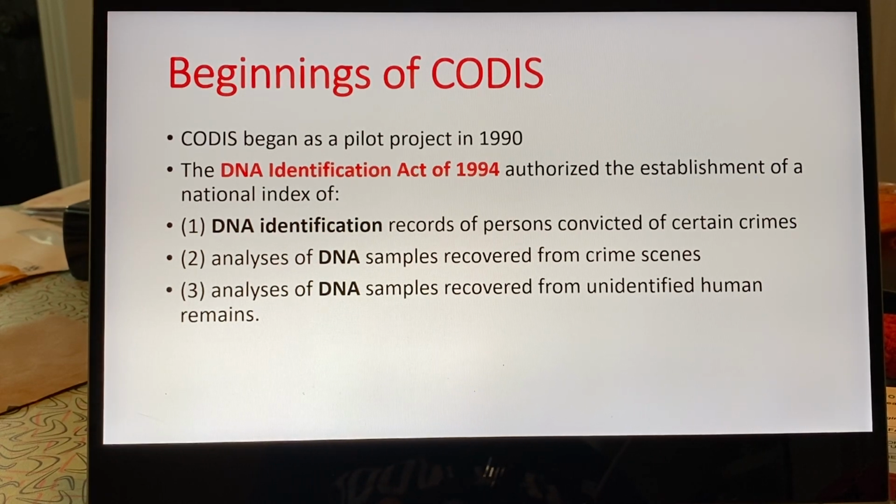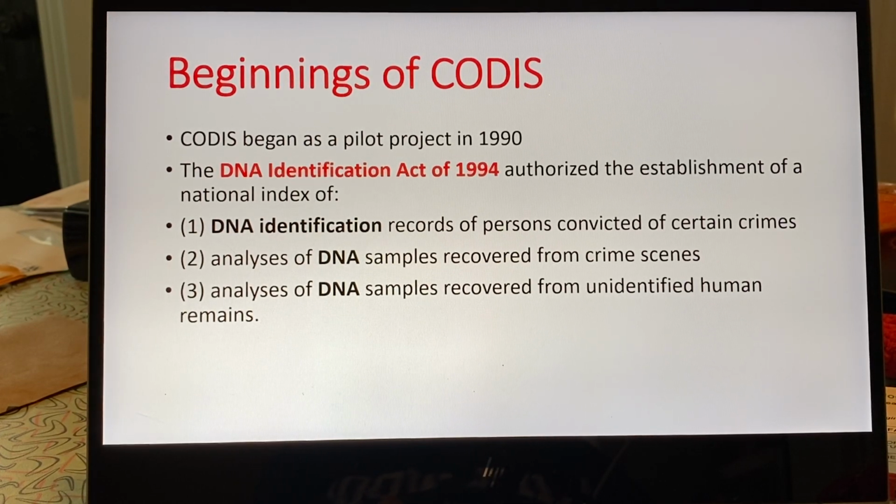So CODIS began in 1990 as a pilot project, and finally, in 1994, federal legislation was passed, and the name of this was the DNA Identification Act of 1994. And this allowed for CODIS to be established, and it did three things, which have been modified a little bit.